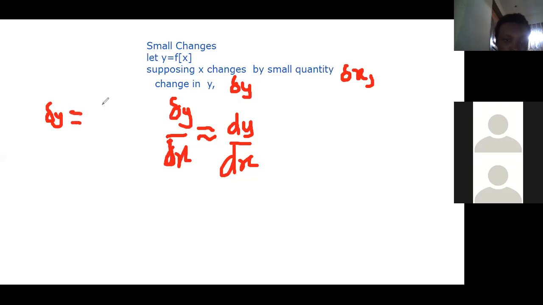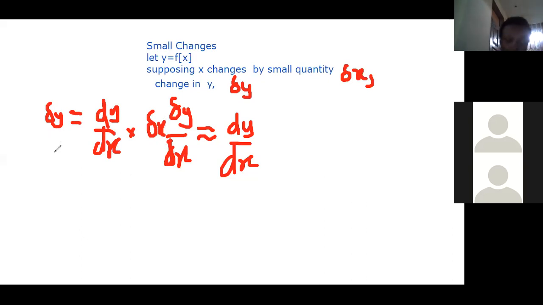So it's going to be equal to dy all over dx times the partial derivative of x. So that's what we are going to get.